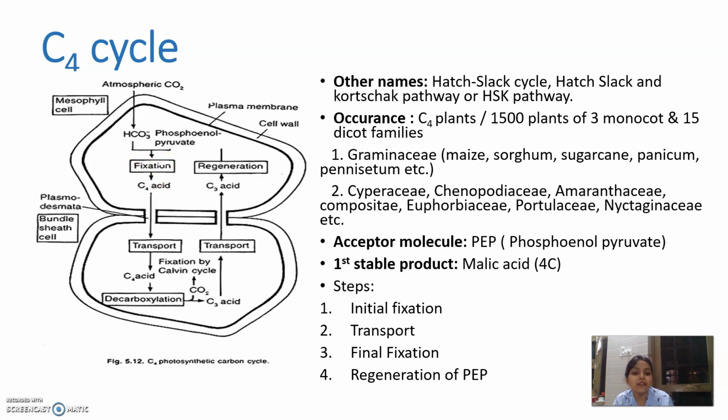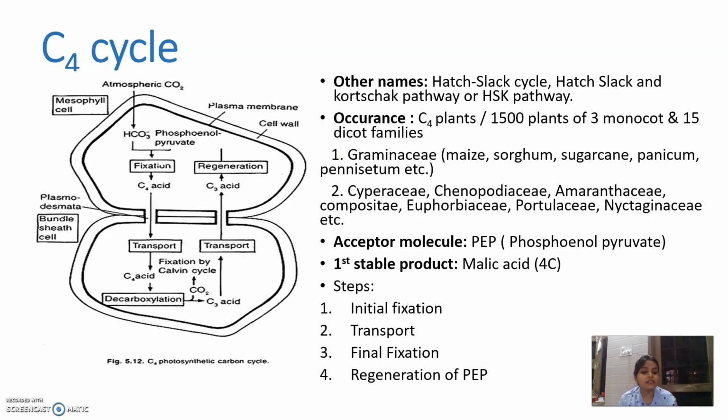Then it is converted into malic acid. Then this C4 acid is transported to the bundle sheath cells by the plasmodesmata connections. After that, it undergoes decarboxylation, forming the C3 acid. The C3 acid is again transported to the mesophyll cells, where it will regenerate the phosphoenol pyruvate.